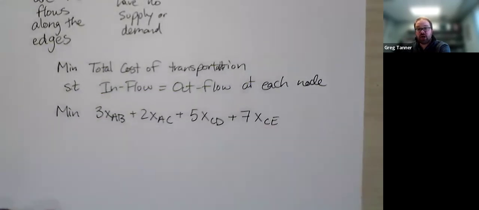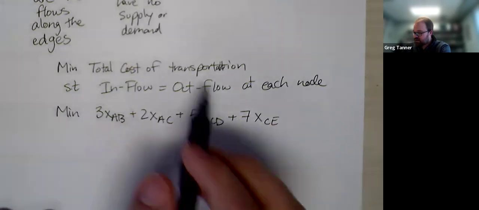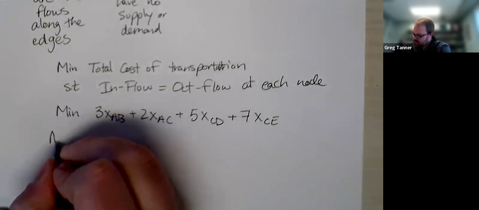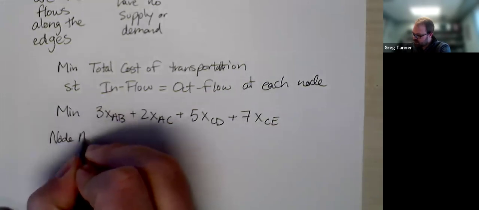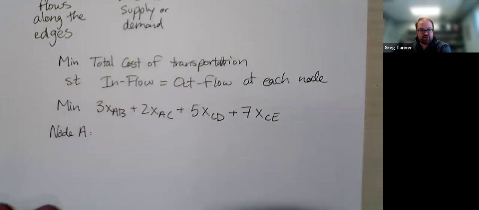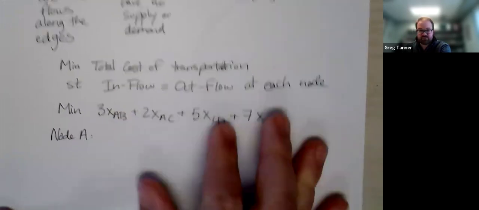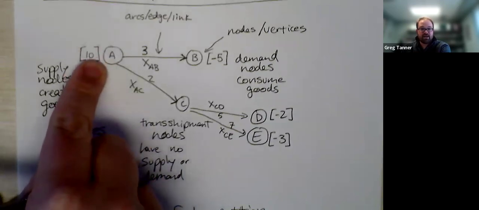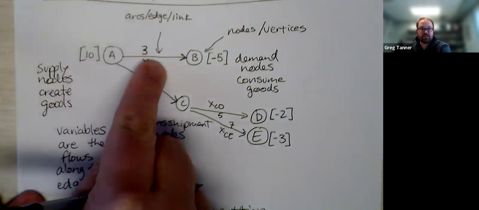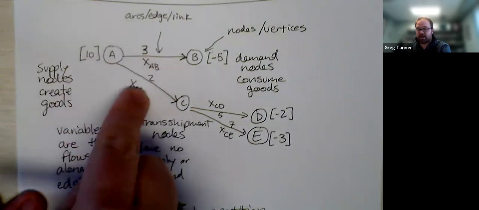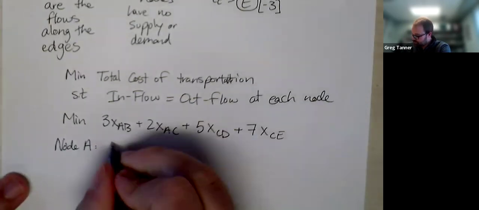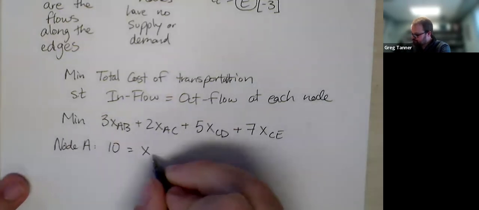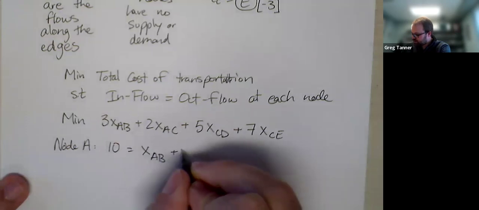Those costs show up in the objective function. And then at each of the nodes, I'm going to balance inflow equals outflow. At node A, the inflow is 10 units of supply, and XAB and XAC are both flowing out of A. So I'd get 10 equals XAB plus XAC.